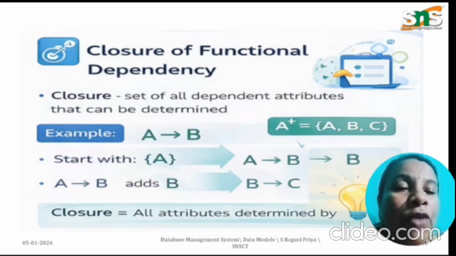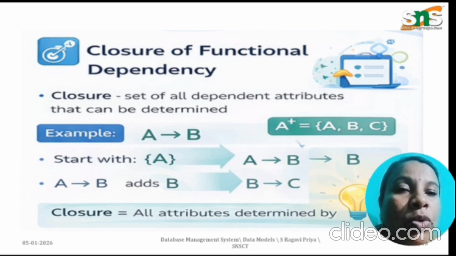Closure of functional dependency: the set of all dependent attributes that can be determined. For example, A tends to B. A plus consists of all the elements. The closure is represented by the plus symbol, so A plus derives all the functional dependencies among the given set of attributes.